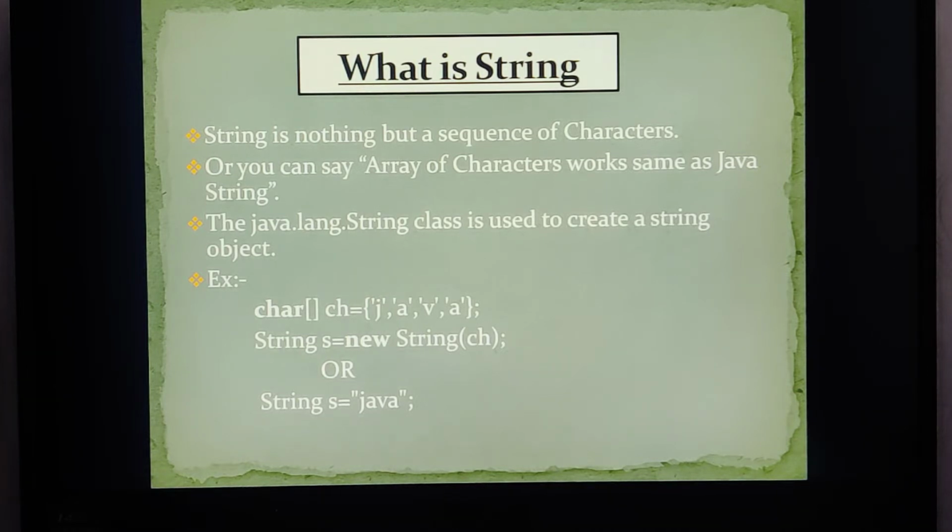I created an array of characters and then created a string object by passing the character array reference. So I got the string, which is the same as String s = "Java". String is present in the java.lang package, that is java.lang.String. Now come to the next slide.